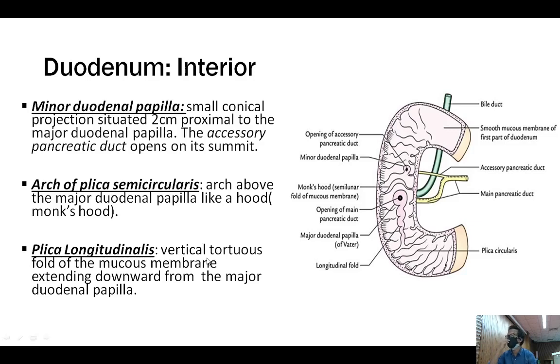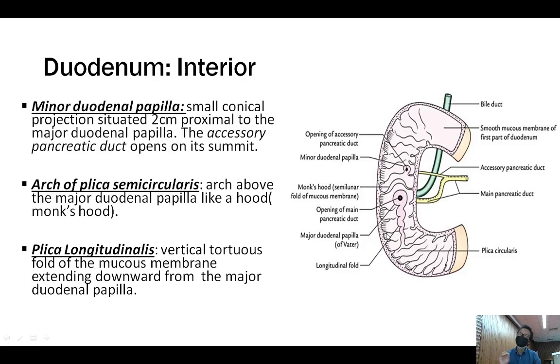So these are the characters of the duodenum interior. I'll repeat again. You'll have at least one opening, or maybe two openings. One opening is for the pancreatic duct, where the bile duct and the pancreatic duct open. The common hepatopancreatic duct will open here, and this conical projection is known as the major duodenal papilla.